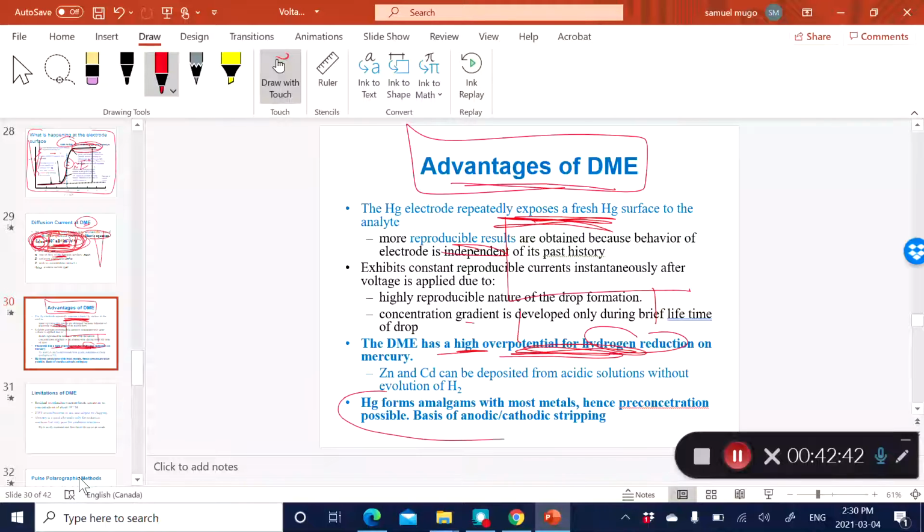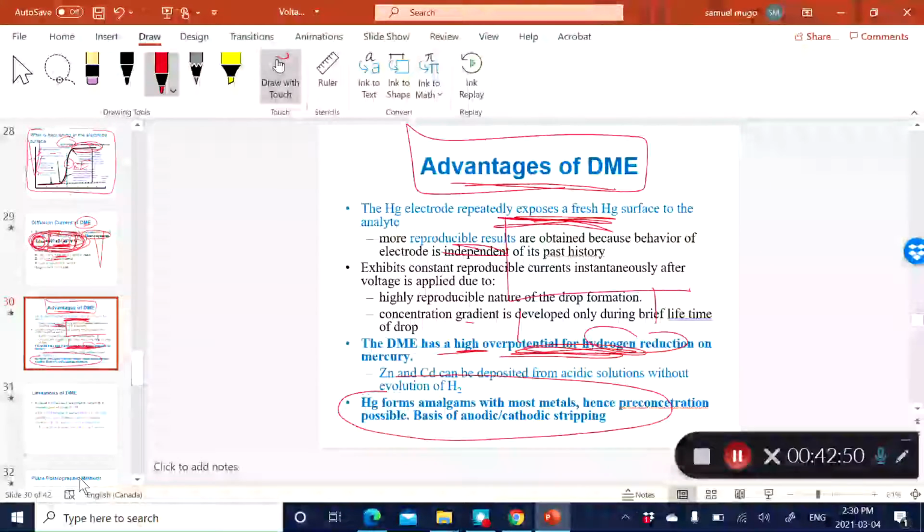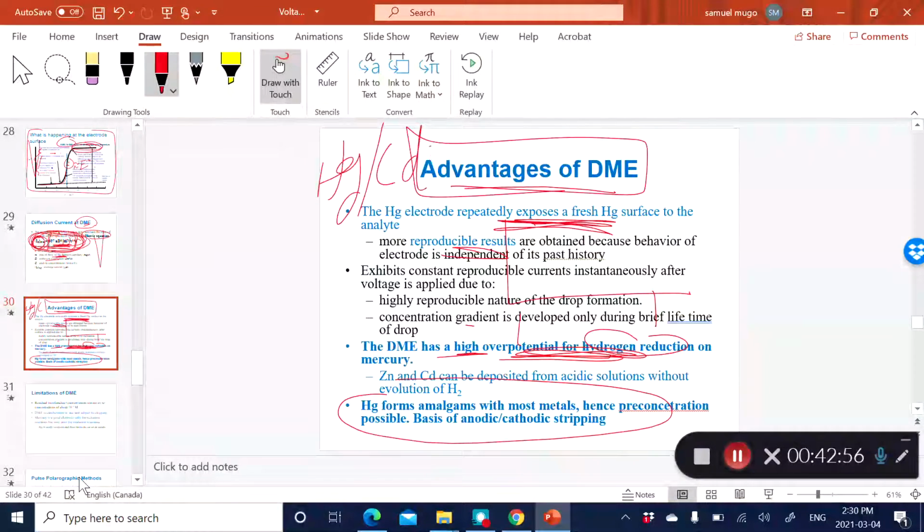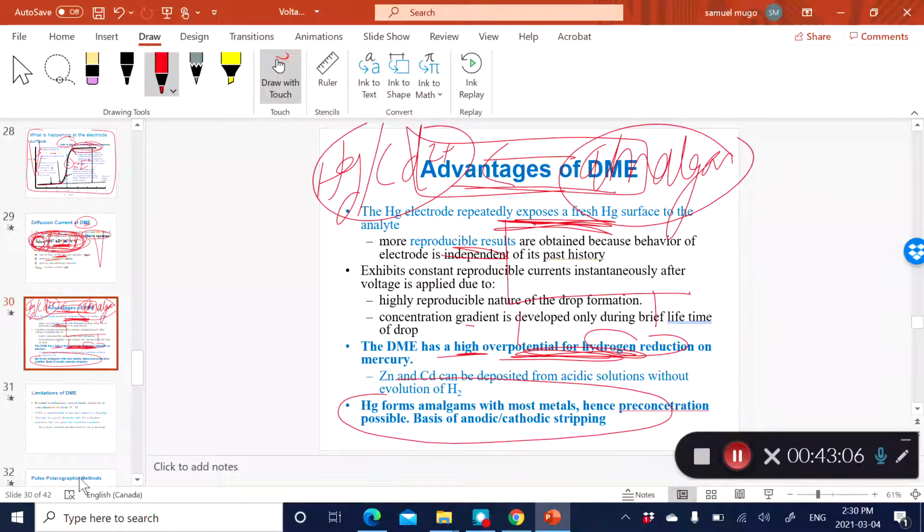Another good advantage of mercury as an electrode is the fact that it forms solids with specific heavy metals. Say, when you bring mercury into contact with something like cadmium 2+, it tends to form an amalgam. And an amalgam really is a solid, the stuff that people used to use for their dental fillings, and so on.